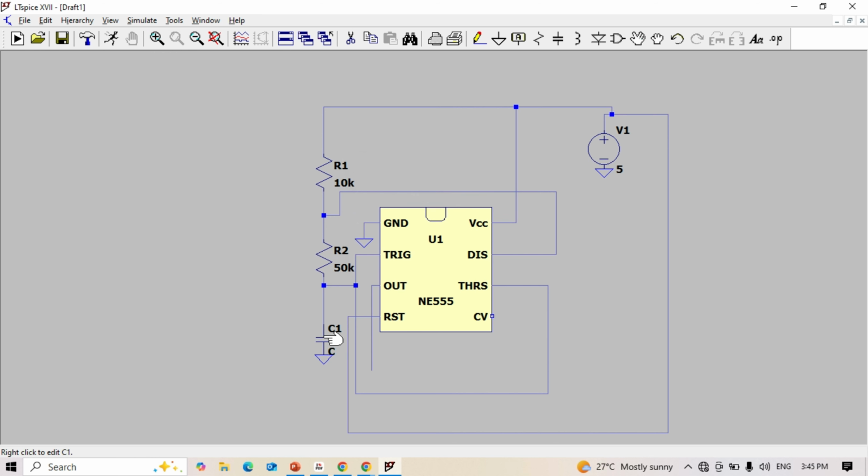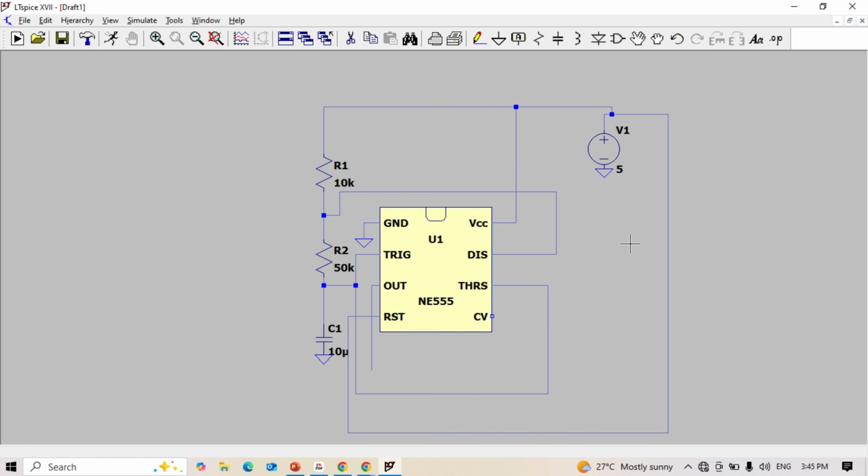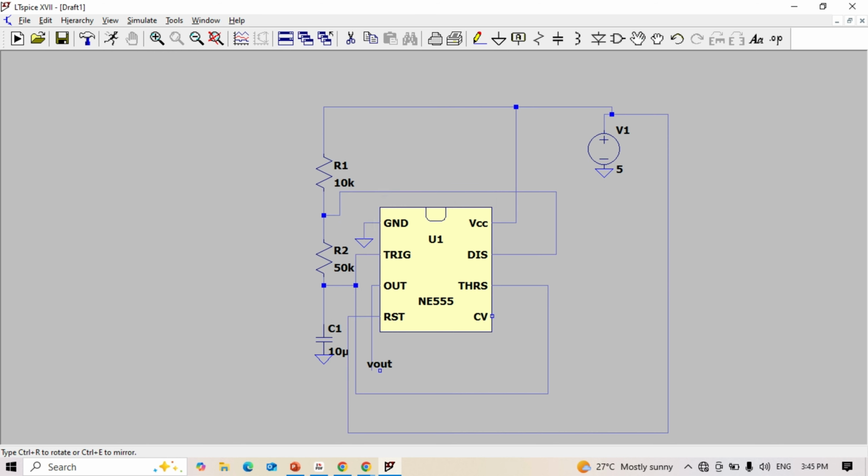And this C external, let's make 10 micro, 10 microfarad. Good. So we can collect the output from pin number 3, V out, here. We put V out on pin number 3.